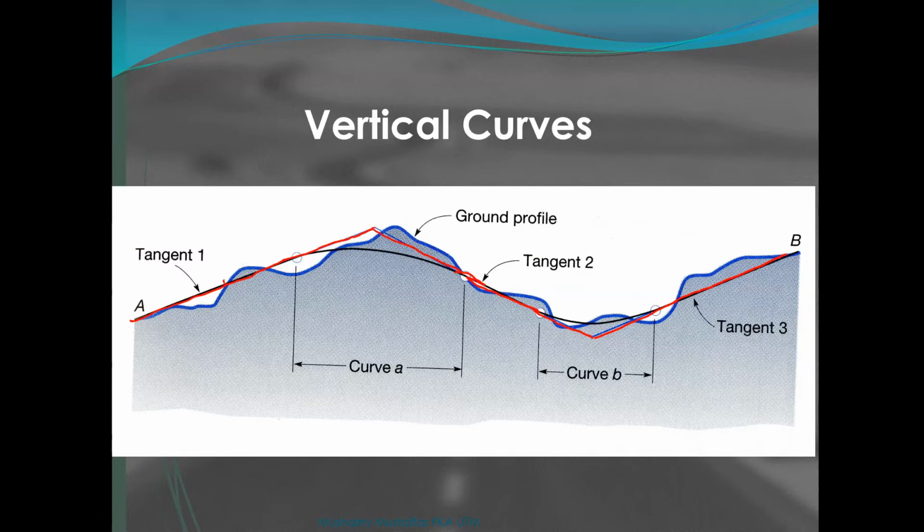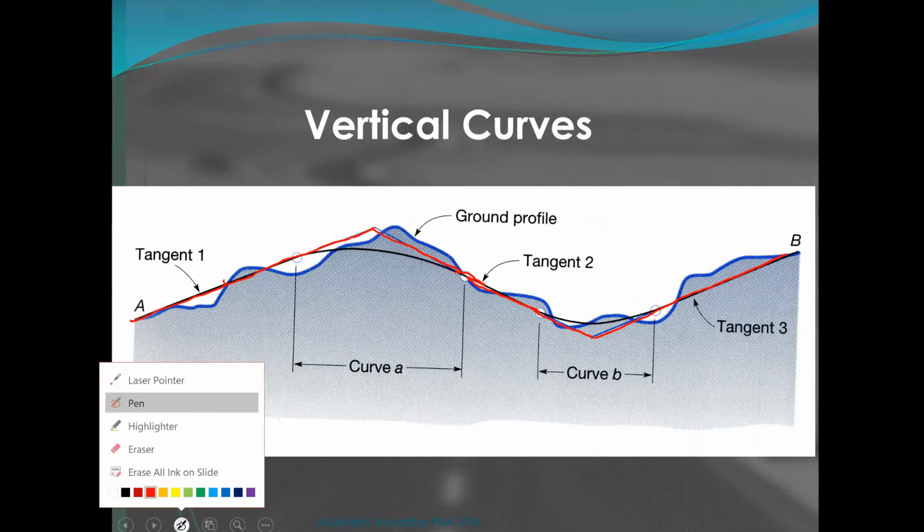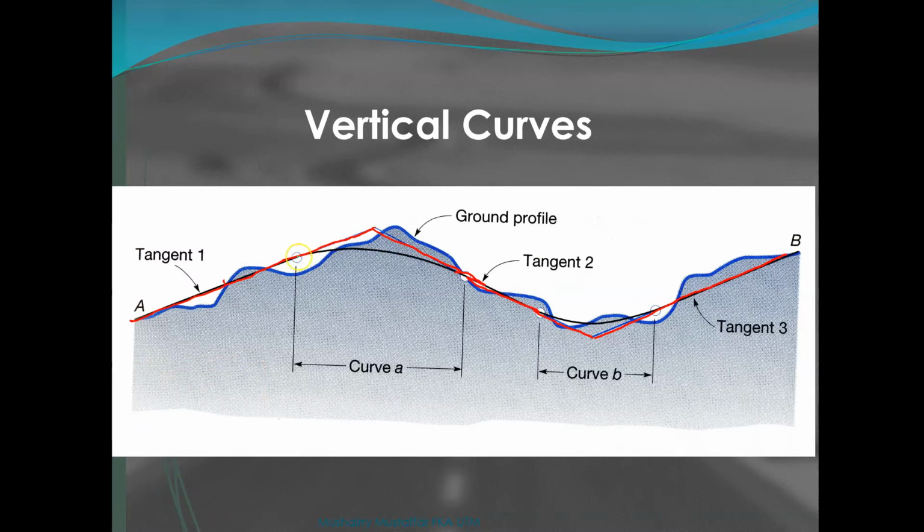We call it grades or gradient. Based on those lines or the grades, which is similar to the intersection point in the straight line in your horizontal alignment, we'll be fitting in a curve.